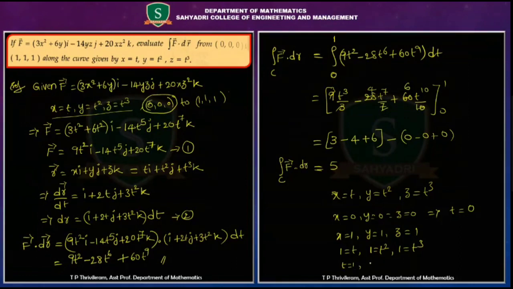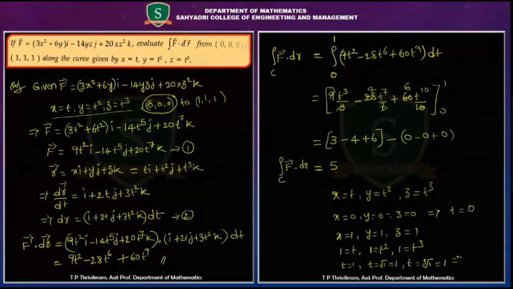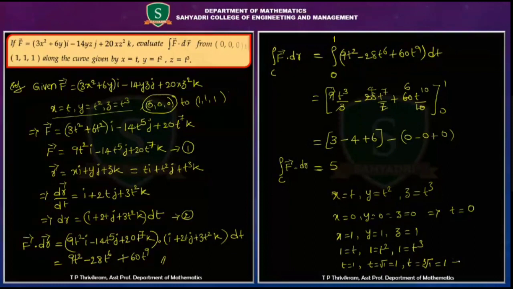T square equal to 1 means t is equal to root 1. Root 1 is 1. Similarly, t is equal to cube root of 1, which is again 1. So when x equal to 1, y equal to 1, z equal to 1, we got the t value also all times 1.